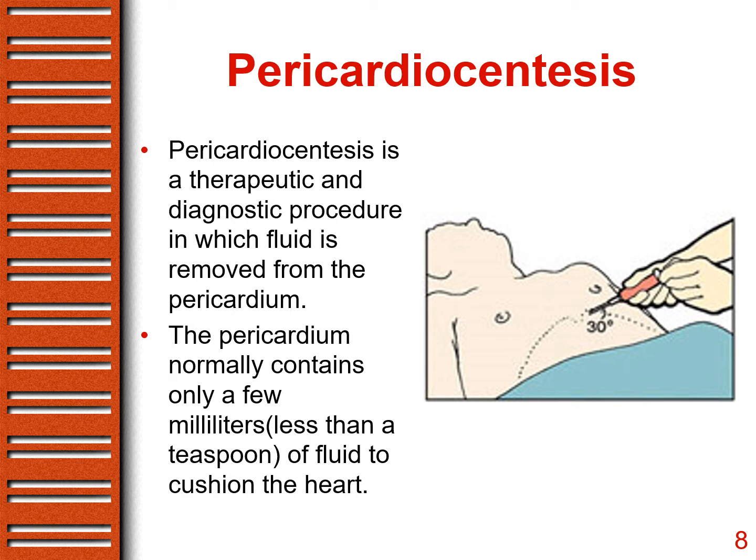So the pericardium normally contains only a few milliliters, less than a teaspoon of fluid to cushion the heart. They need to get rid of and aspirate the excess fluid. When a patient develops pericarditis, they're going to show a difficulty in breathing, and also, as the nurse monitoring this patient, you're going to see a narrowing pulse pressure.